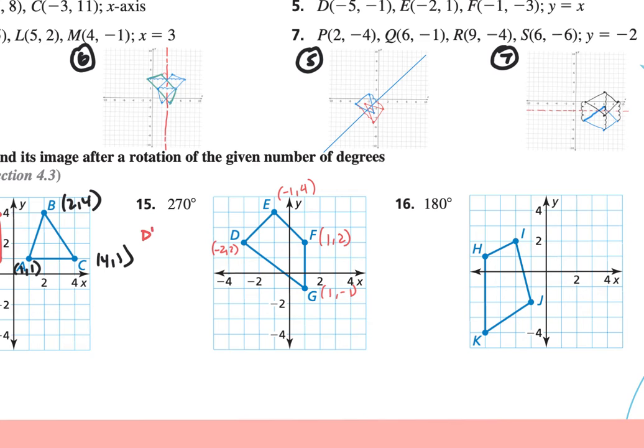So D prime becomes 2, and then negative 2 would be there, so I make it positive 2. E prime, I switch, so I make it 4, and it was negative 1, so it will be positive 1. F prime, I switch, so it's 2, and I change the sign on the second one. And G prime, I switch, and I change the sign on the second one.